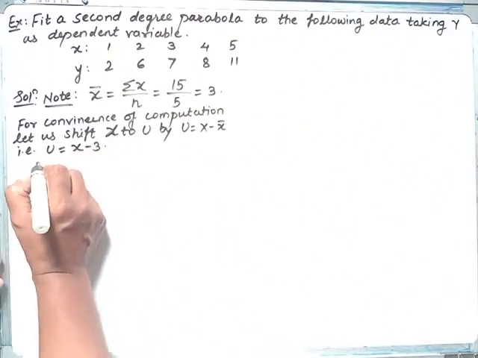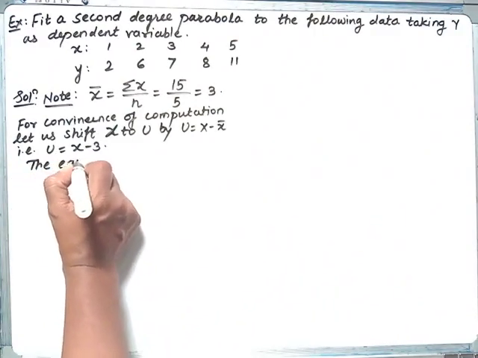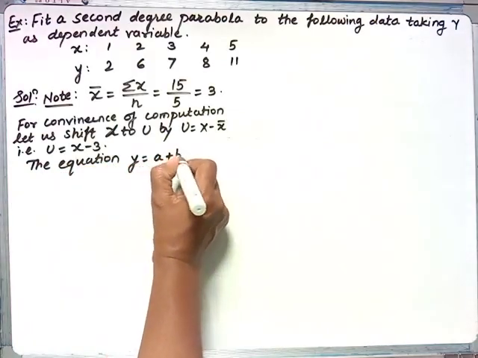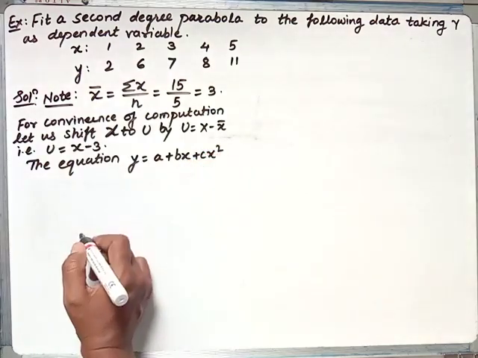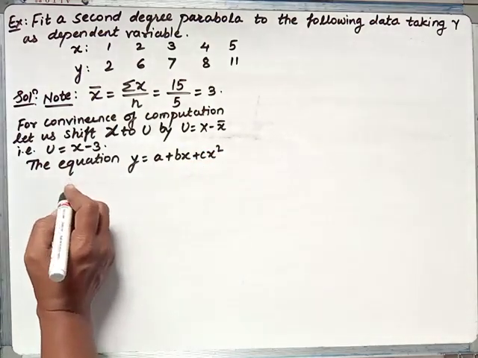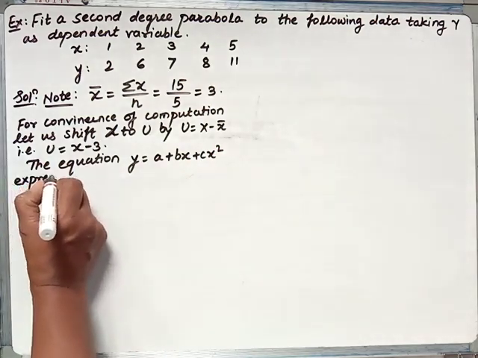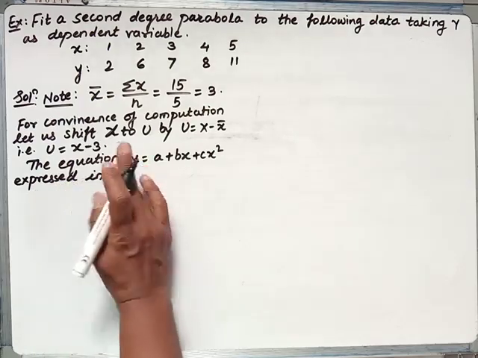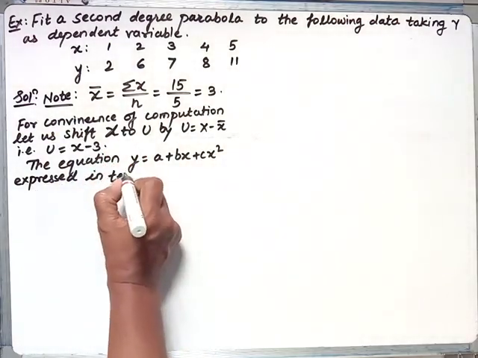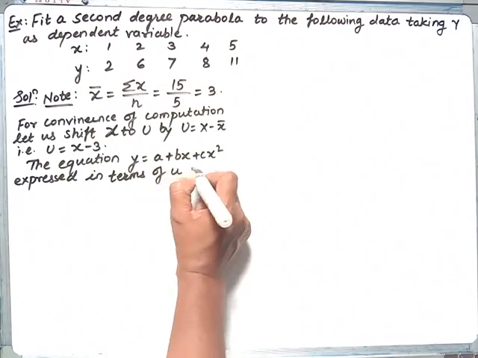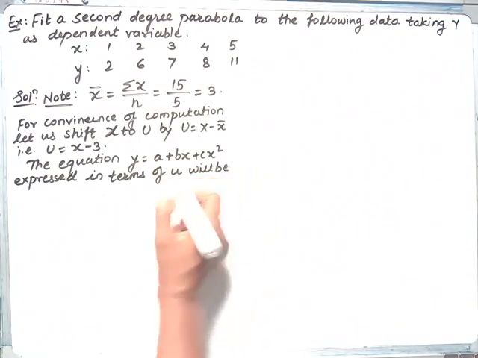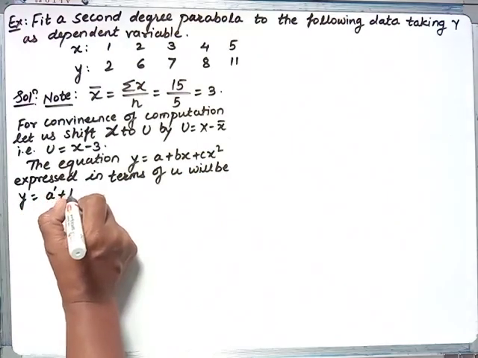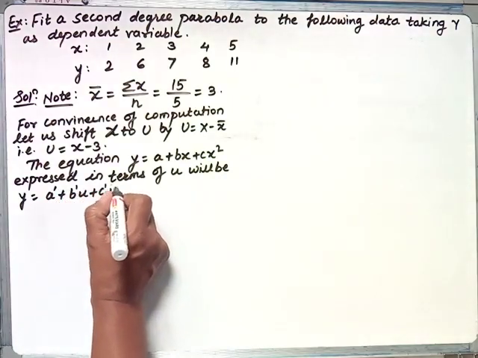Now the equation y equal to a plus bx plus cx square, expressed in terms of u, will be y equal to, suppose, a dash plus b dash u plus c dash u square.